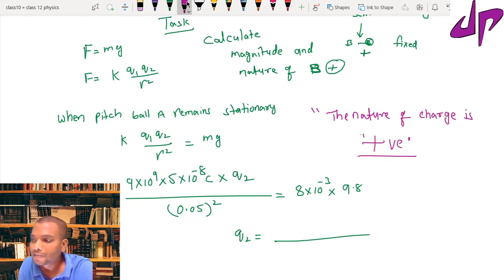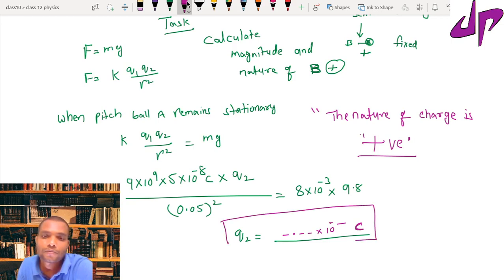I will give the partial answer, in terms of dash dot dash dash times 10 power minus dash coulomb. So this is the end result of the charge. Work it out.